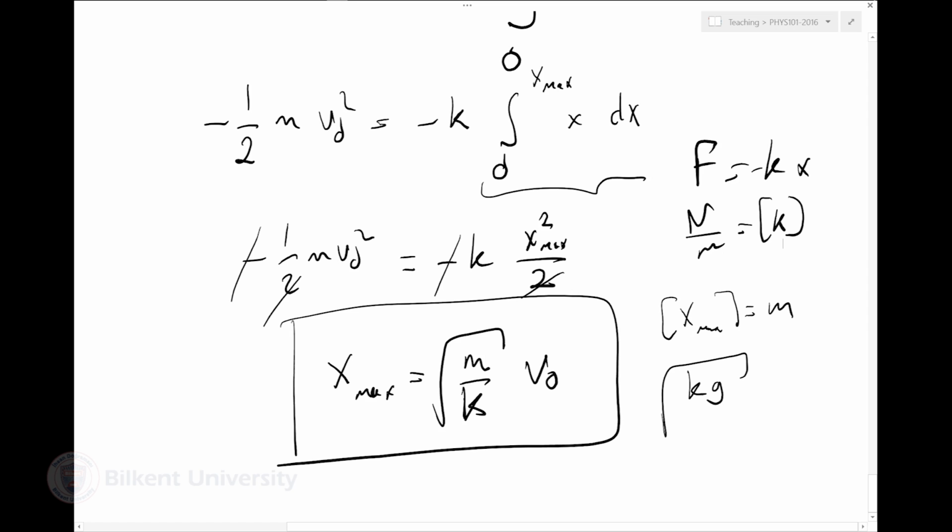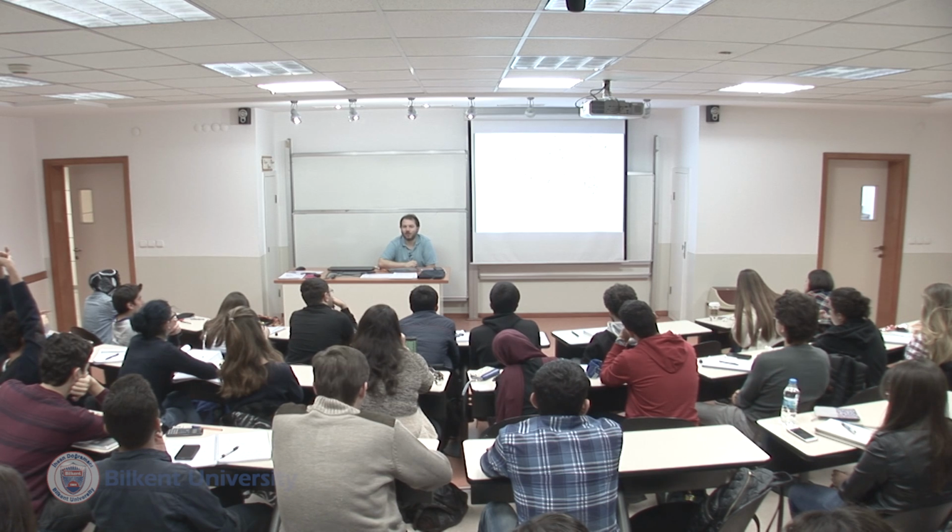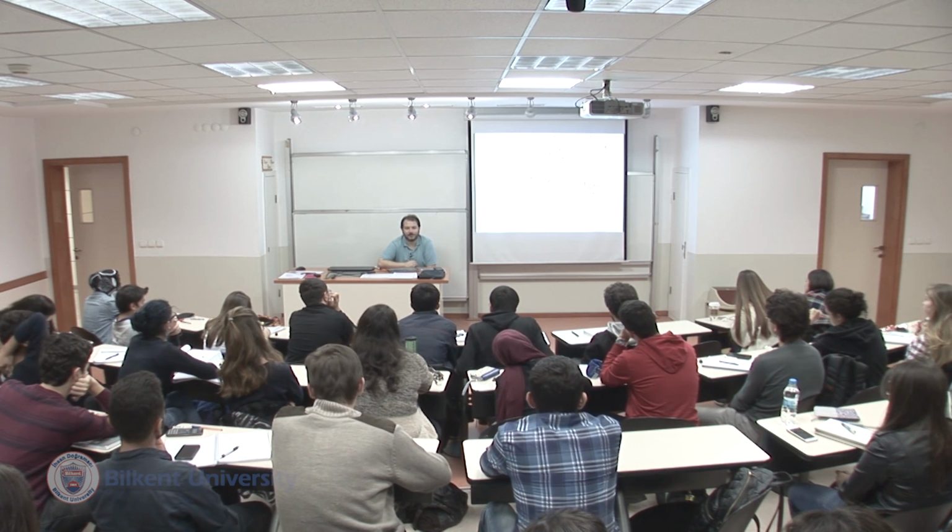Newton is kilogram meter per second squared, divided by meter. Then I have v0, which is meter per second. Kilograms cancel, meters cancel, seconds cancel. I have a meter. So I probably got the correct result.